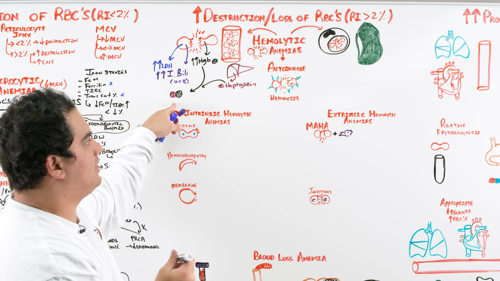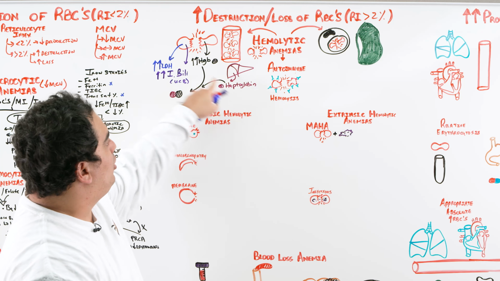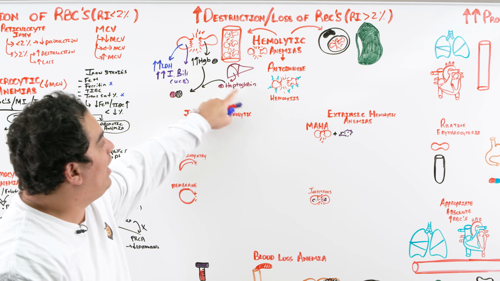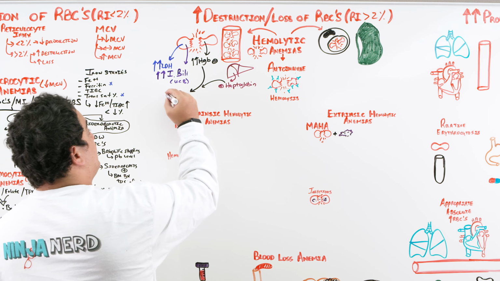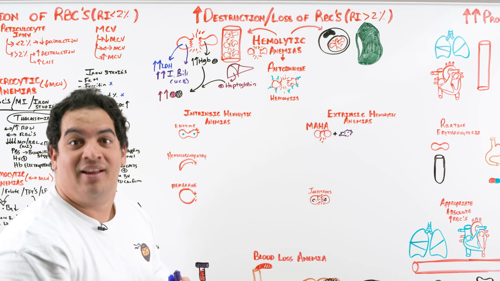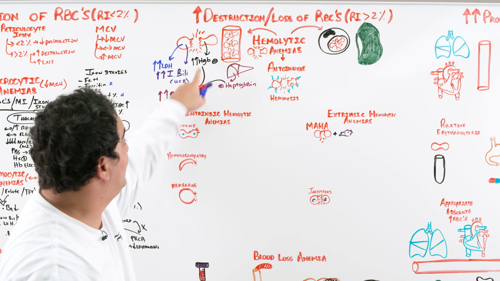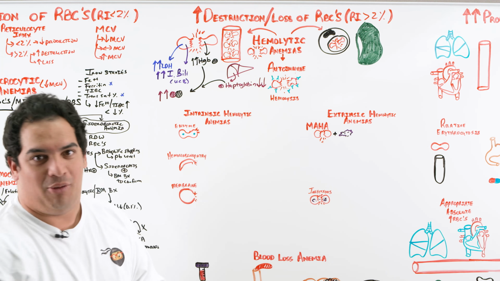So there's the complex. Now, when the liver makes this haptoglobin and it's binding to the hemoglobin, what happens to the free haptoglobin? You're making a ton of these complexes. The free haptoglobin drops because you're complexing it with all this hemoglobin that's leaking out. So you'll have low haptoglobin.